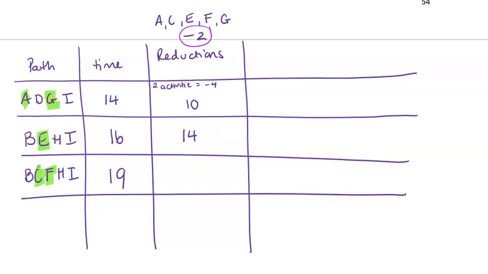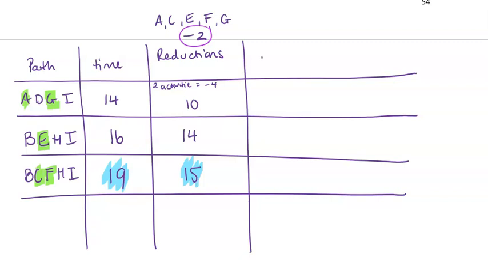And finally, third pathway, I've got 2 activities again, so I can take off 4. Pathway comes down to 15. Okay, so we had our previous critical path. 15 is now the maximum time when all of those reductions are applied. So that's our new minimum completion time, 15 weeks.